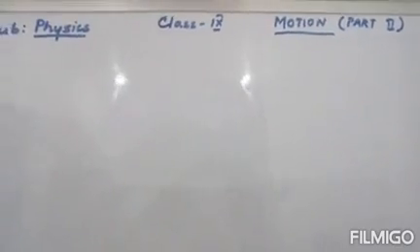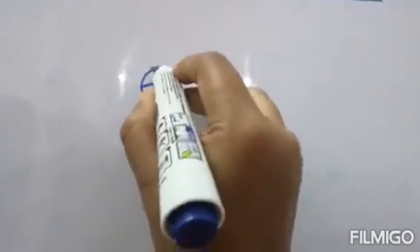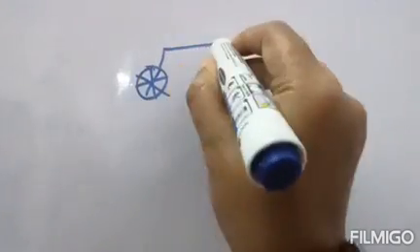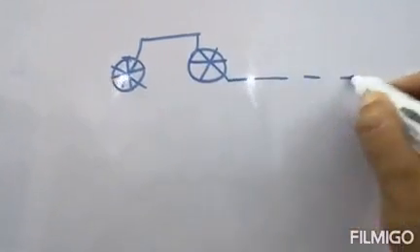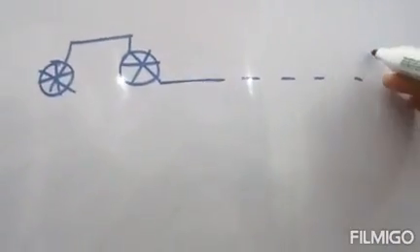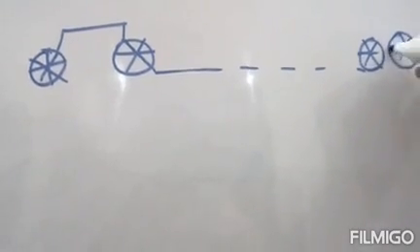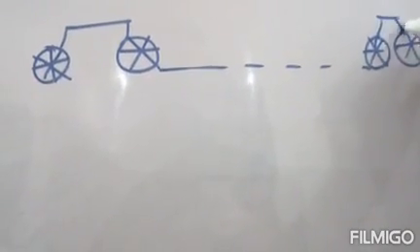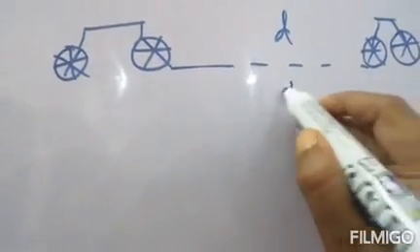Now suppose you were traveling on a cycle. You were coming to school on cycle and you came to school in a particular amount of time, let that be d, and the time taken be t1.